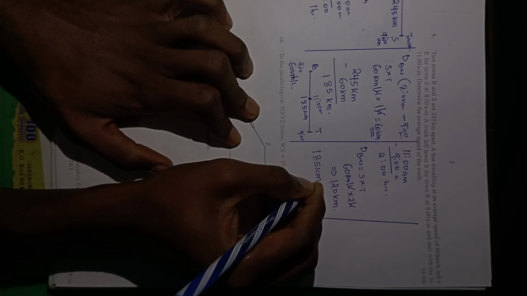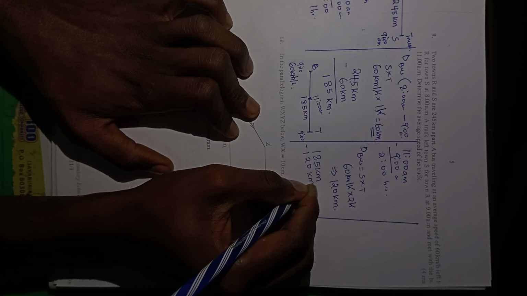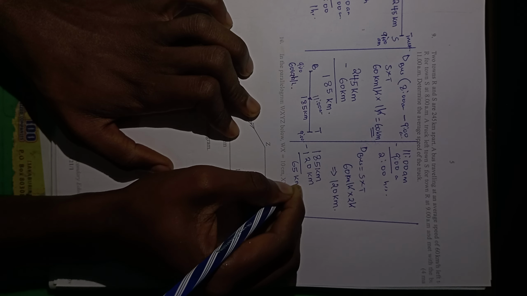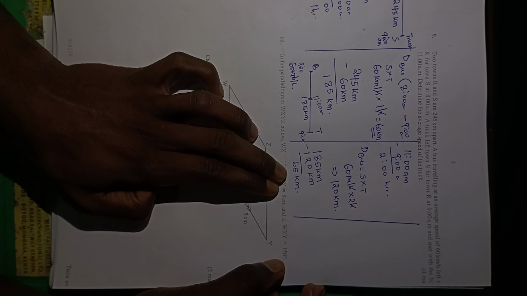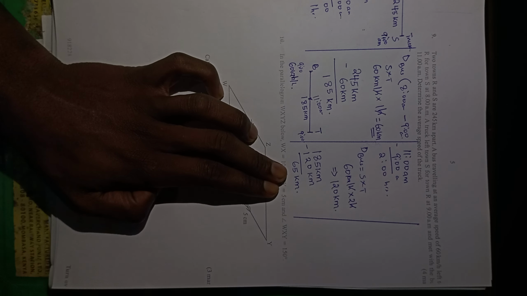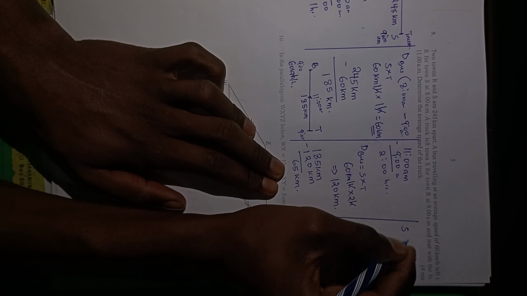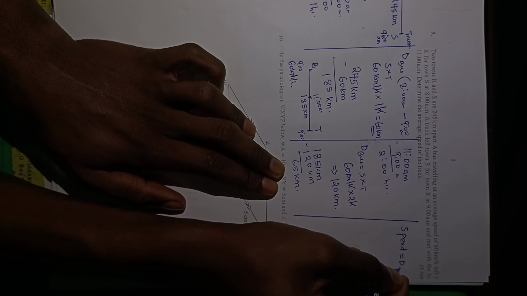We take 185 kilometers minus 120 kilometers, and we remain with 65 kilometers. So the truck covered a total of 65 kilometers from 9 a.m. to 11 a.m. What of the speed now? The speed is usually given by distance over time.